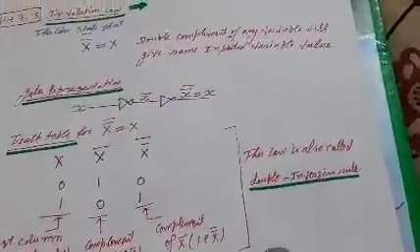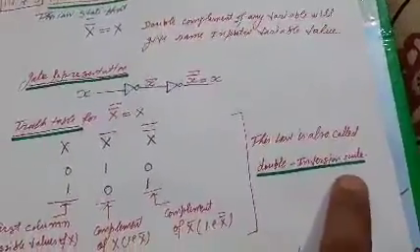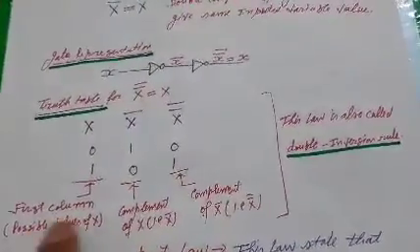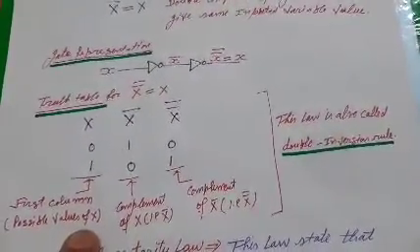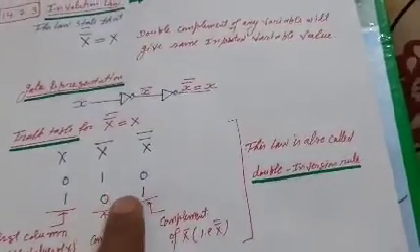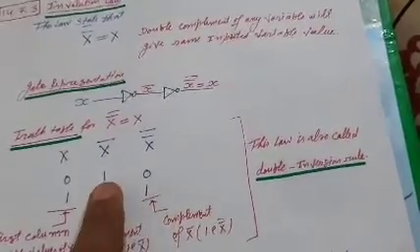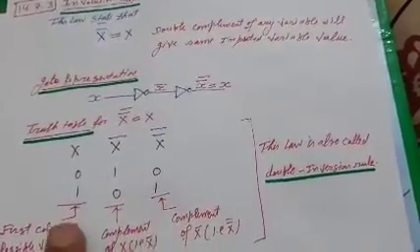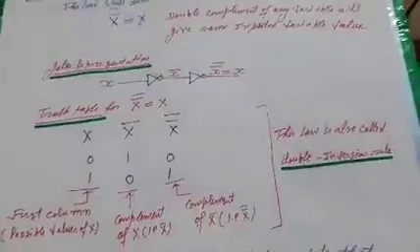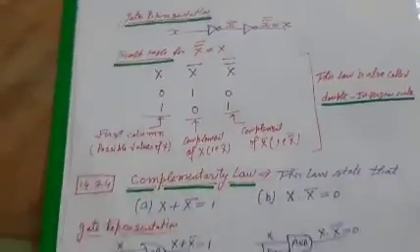This law is also called the double inversion rule. First column, possible values of x are 0 and 1, then the complement of x is 0 1 1 0, then the complement of this again is 1 0 and 0 1. Both first column and last column are identical.